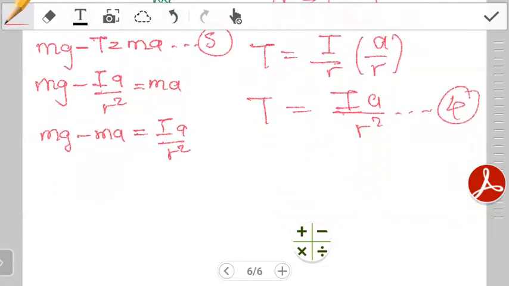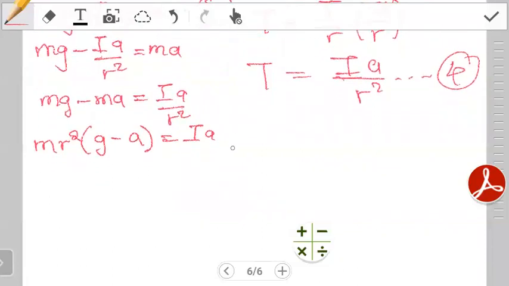We want to make I the subject, so we cross multiply the R squared and factor out the m on this side. The m comes out, and the R squared also multiplies everything, so it comes to this side. Now you have m(g minus a) R squared equal to I A. So divide both sides of the equation by A and bring the A inside here.